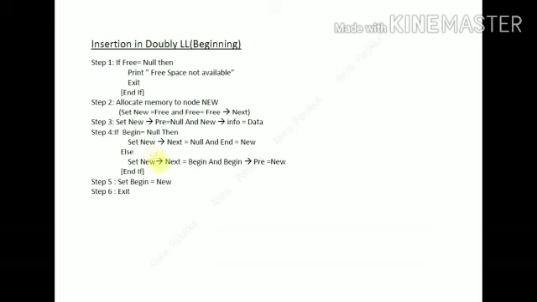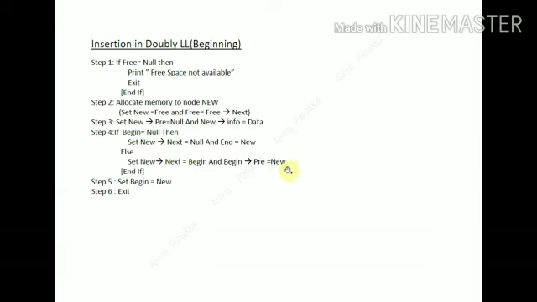That is, the address that is already stored in begin, we have to give that value to the next part of the new node. And begin pre equal to new. That is, into this begin node's pre part we have to store the value new.